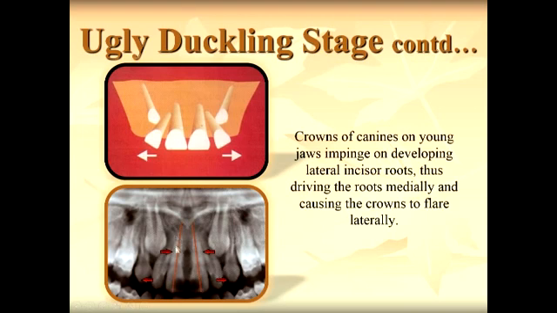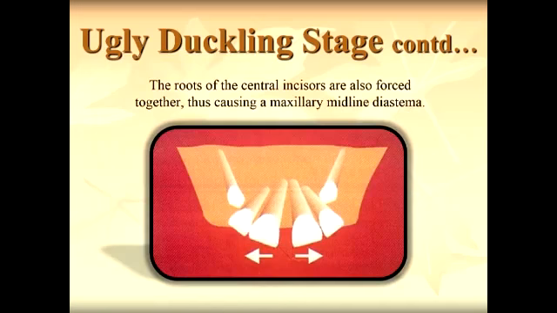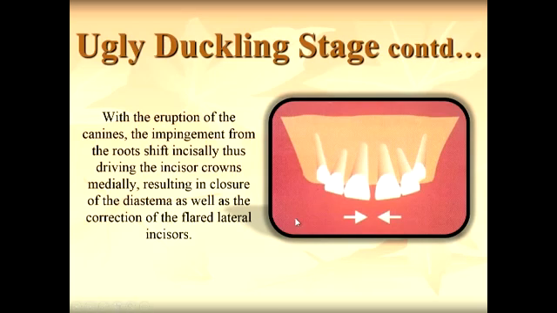If we add the long axis with the centrals. During the Broadbent phenomenon or ugly duckling stage, the roots of the central incisors are also forced together, thus causing a maxillary midline diastema.